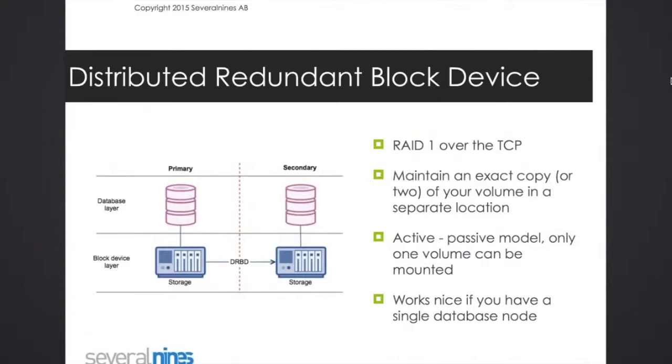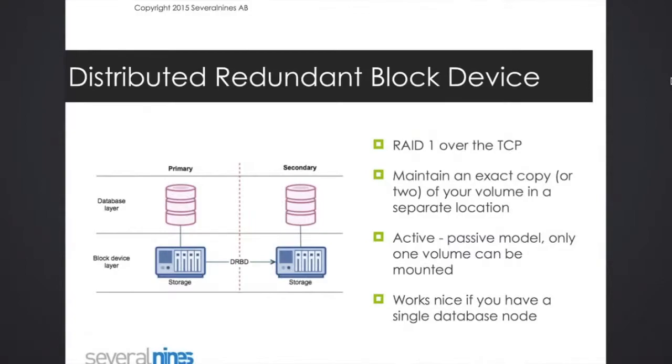From what I heard, it's possible to use DRBD in active-active mode using some kind of clustering file system. I haven't used it. I haven't seen it in production. It might be possible, but you would have to take a look at the performance impact of it. If needed, you can do some research on this part.